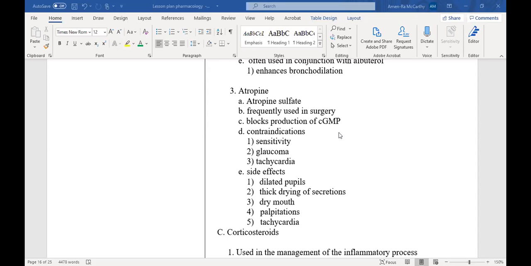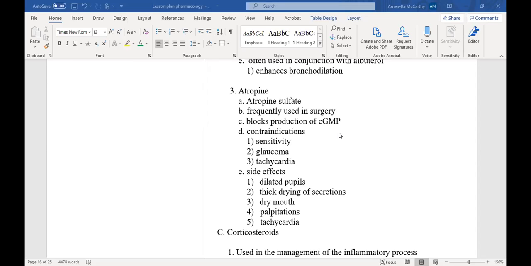It's going to block that, so it may even dilate a little bit. Because that's not on deck. So if the parasympathetic nervous system is not there, then the adrenergic side is taking over, right? So if the parasympathetic or cholinergic response is to constrict the pupils, and that's not there anymore, they're going to just start opening up because they have nothing to constrict them, right? And somebody who has glaucoma already has an issue with their pupils, so you don't want to give them atropine.